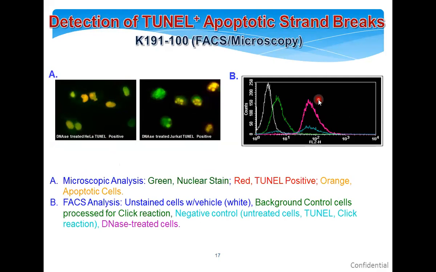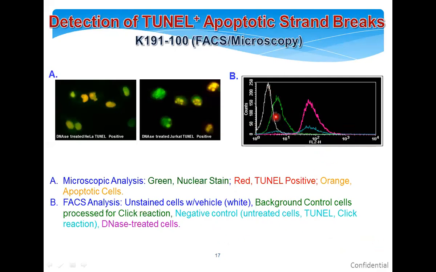Panel B is the FACS analysis, and that's how the analysis is going to look. Unstained cells are white, the background. The negative control, the blue ones, is the untreated cells with the TUNEL click reaction; these are negative. And these are the DNase treated cells, where after the click reaction you treat the cells with DNase.